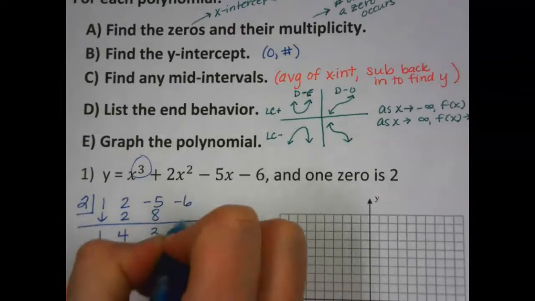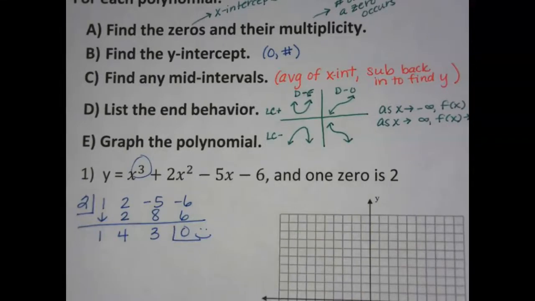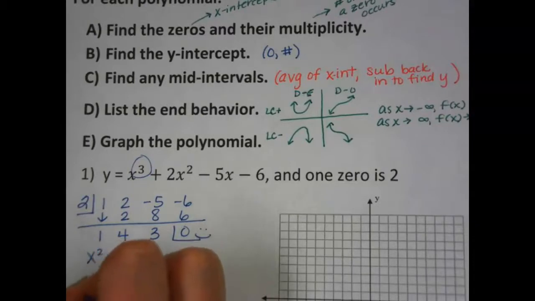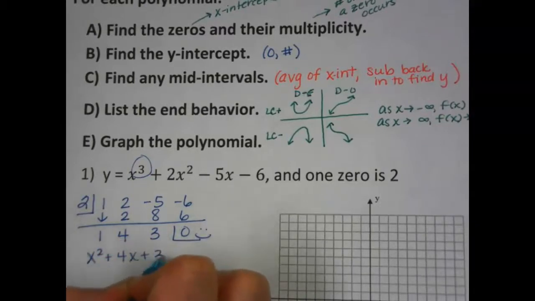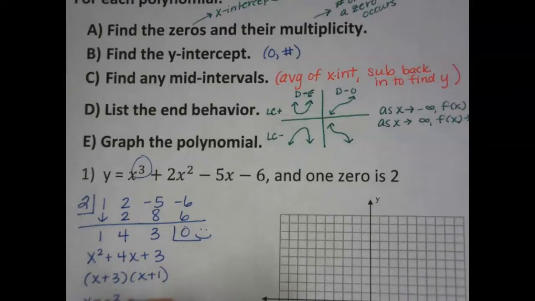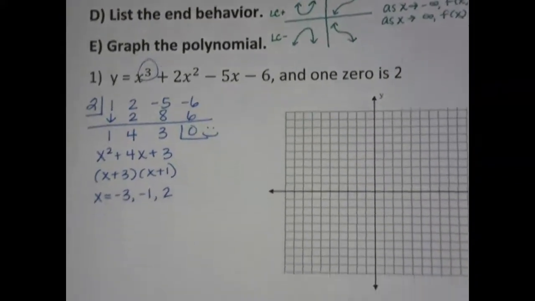8, 3, 6, 0. It does in fact work there, which is good because they told us it would. And then we turn this into a quadratic, x squared plus 4x plus 3, and we factor it, x plus 3, x plus 1. So that tells us that the other 2 zeros are negative 3 and negative 1, plus we had the 2 that they gave us initially.